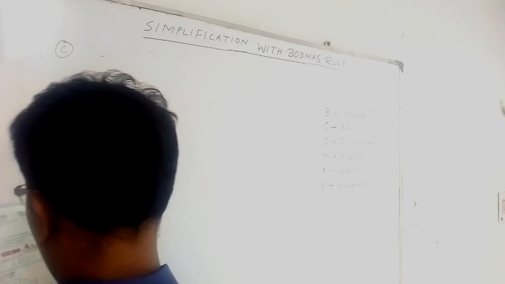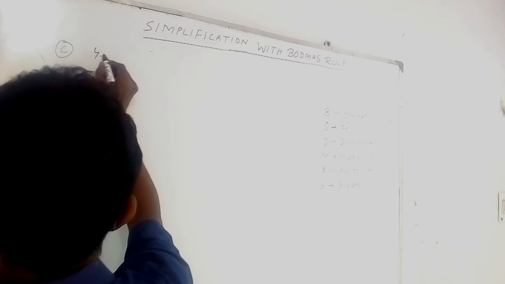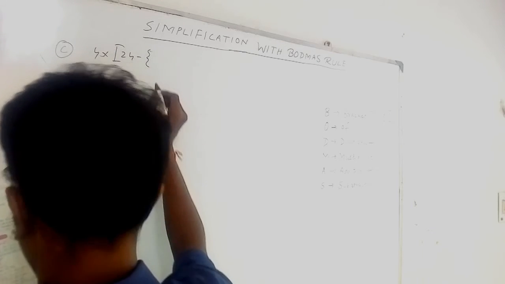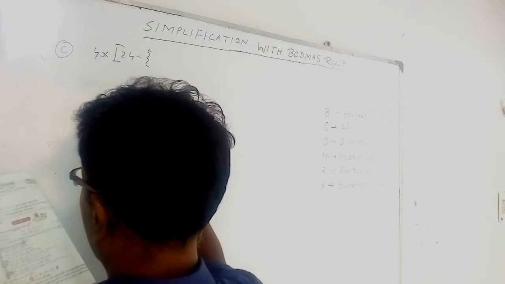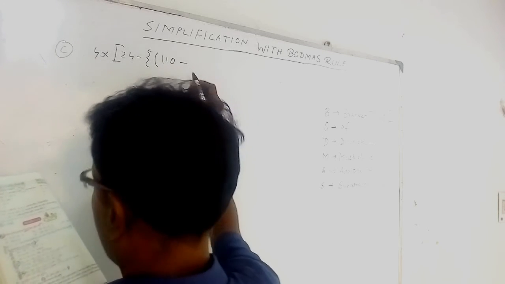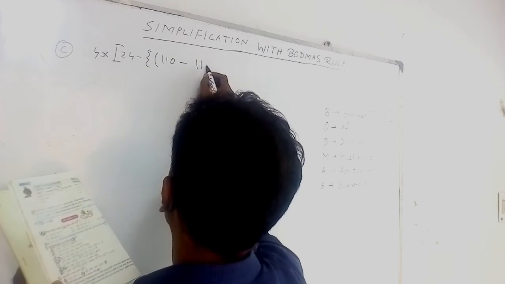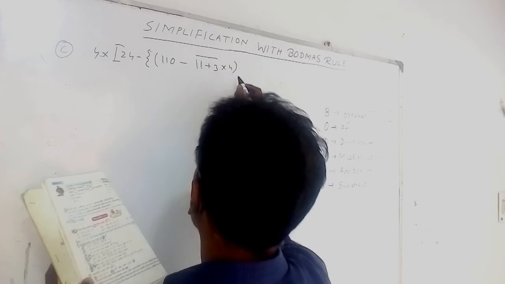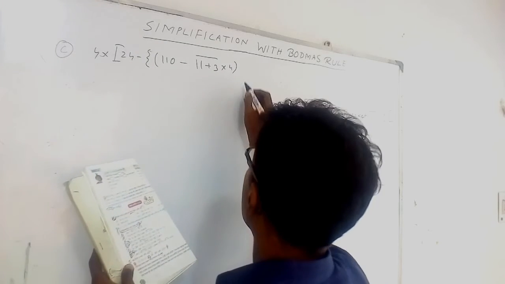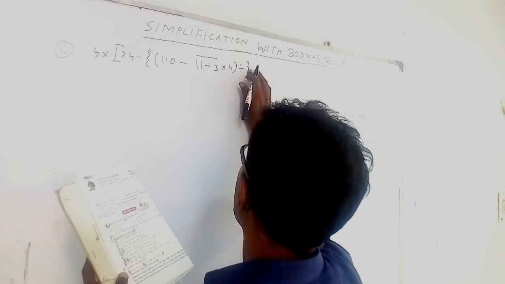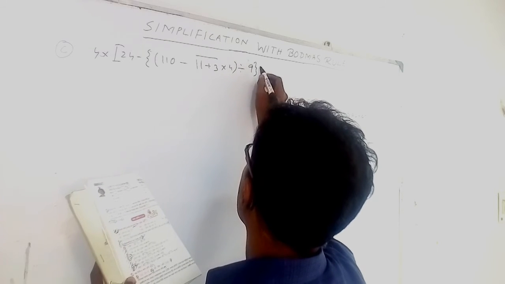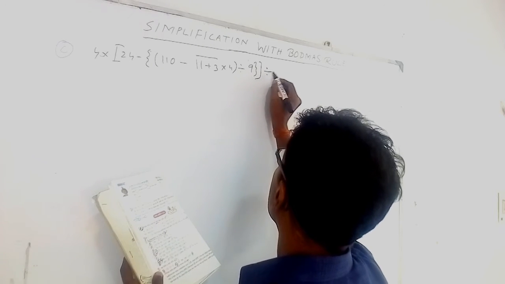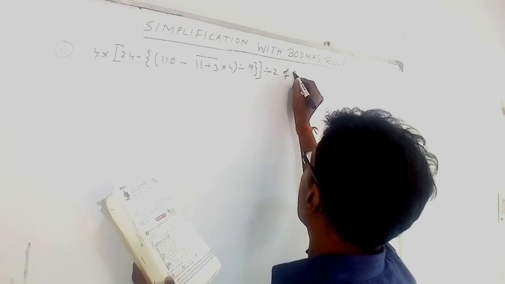The third sum is 4 into third bracket 24 minus second bracket 110 minus 11 plus 3 in a line bracket into 4, first bracket divided by 9, closing, and then divided by 2 of 9.